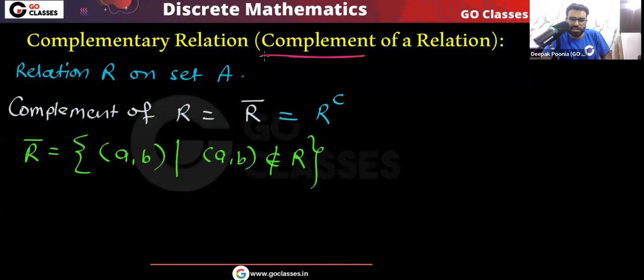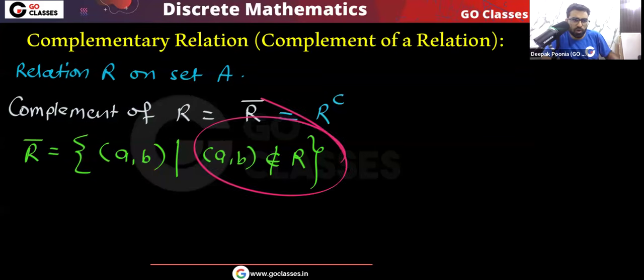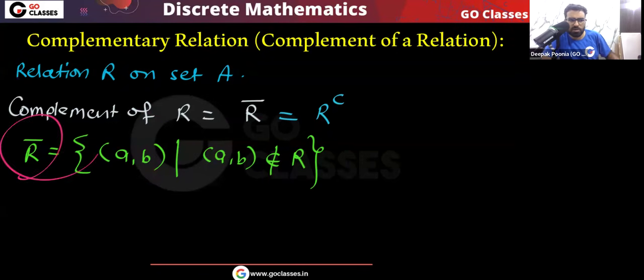The name itself is telling you: complement, or I can say negation. Take all the ordered pairs which are not in R, and that will be the complement of relation R. I hope you understood.